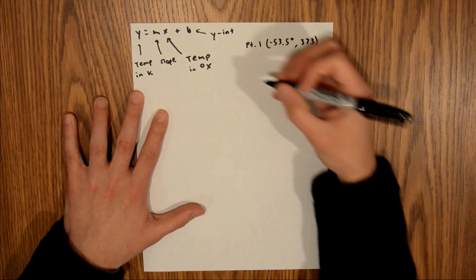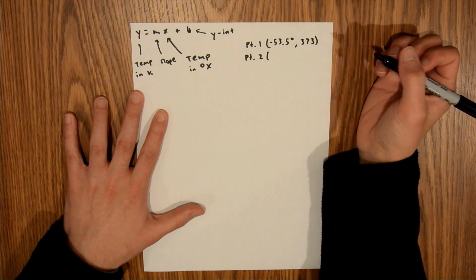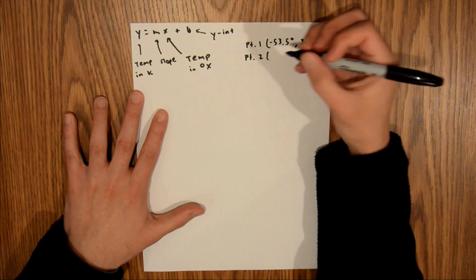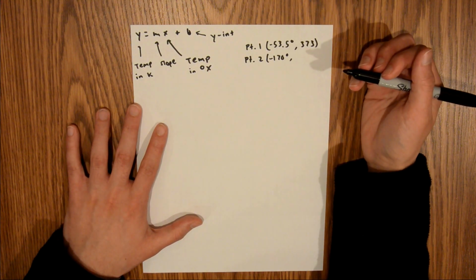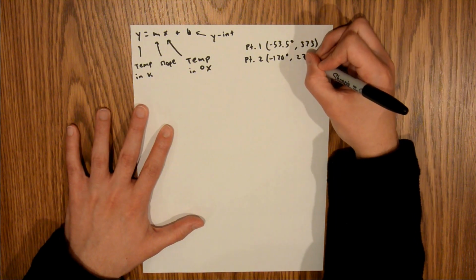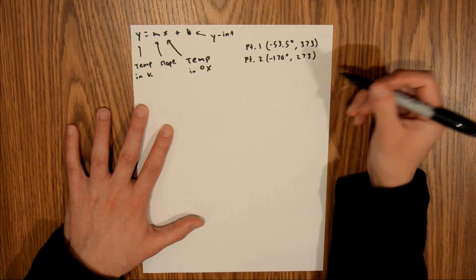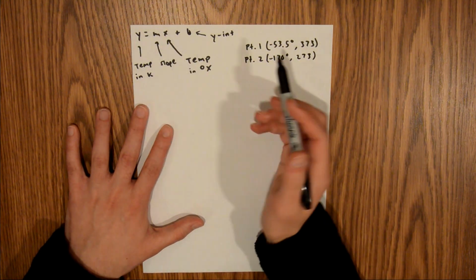So there's our first data point, and now our second data point is for freezing. And so we're told that in degrees X, this is negative 170, and we know that water's freezing point in Kelvin is 100 degrees less than its boiling point, so we'll say this is 273 K. So those are our two data points, and now what we can do is we can plug those into our generic form.